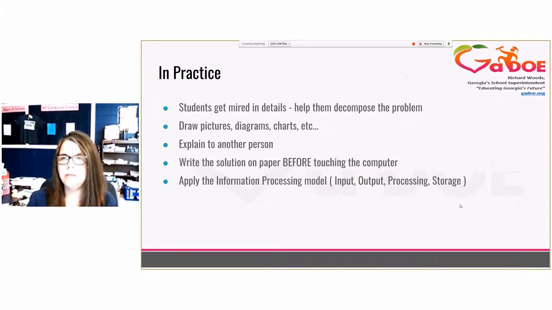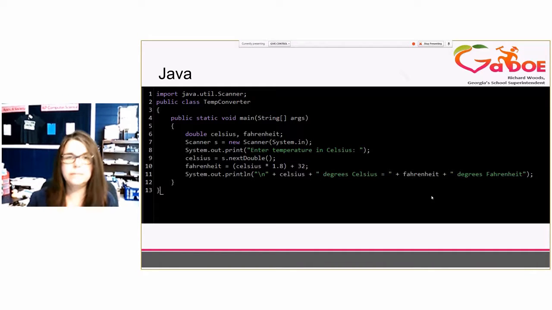Here is the Java version. Same problem, but this is the Java solution. In this case, we have to make sure we have our libraries imported. We have to have a class, and we have to have a method. We have to have variables declared, and then we get our data from the user.